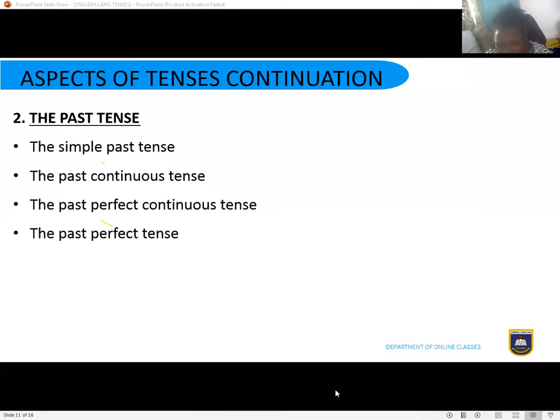What is the first thing that we are looking at under the past tense? Madam, please, the simple past tense. Very good. Nolin Bena, are you there? Madam, I'm here. Very good. What is the second thing that we'll be looking at under the past tense?